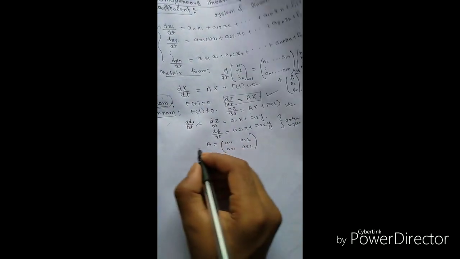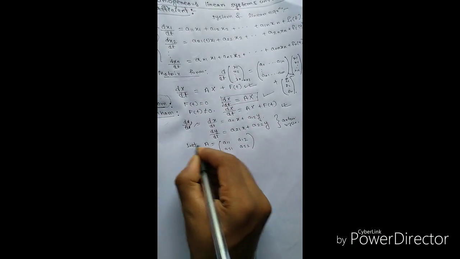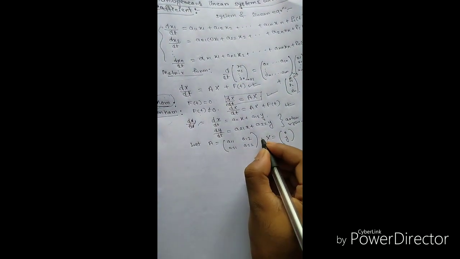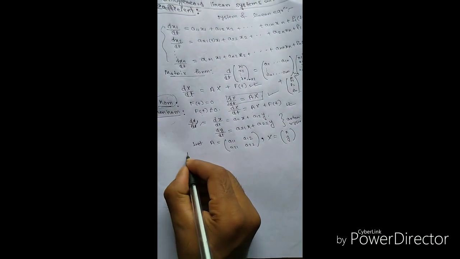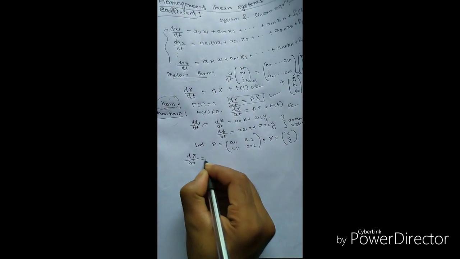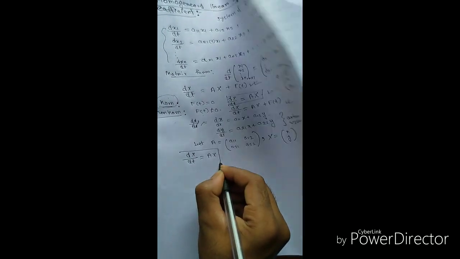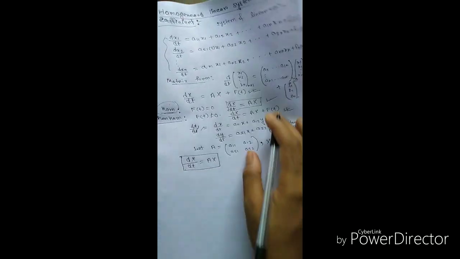Suppose we let A equal to this and x equal to (x, y). So this is A and this is x, and this can be written as dx/dt equal to Ax. So this is a homogeneous linear system of equations.